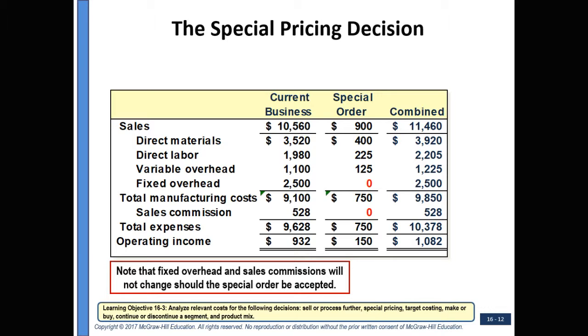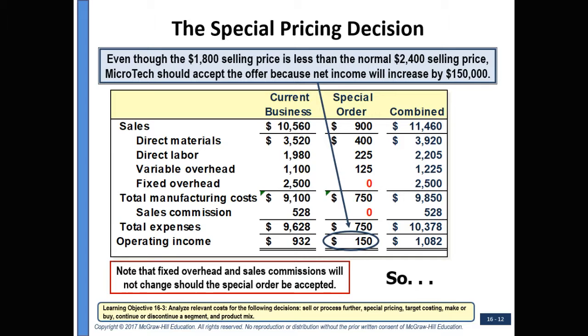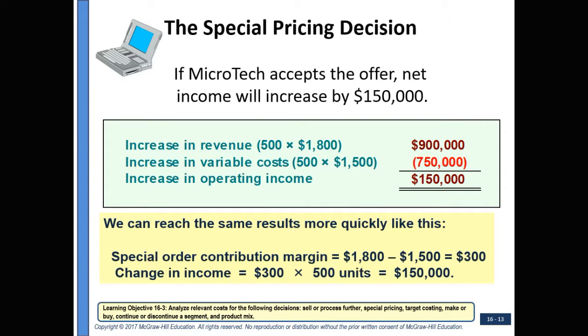Because this is positive, we should accept the decision as long as the additional units are within the relevant range and we have the capacity to create those. If Microtech accepts the offer, net income will increase by $150,000.